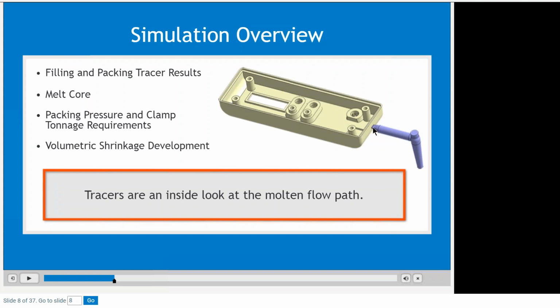That tells you that you have packing flow. The predominant direction of the packing flow is really the key to understand how we add material to the cavity. And that will have an impact on packing pressures, clamp tonnage, and the volumetric shrinkage differences. Really cool stuff.